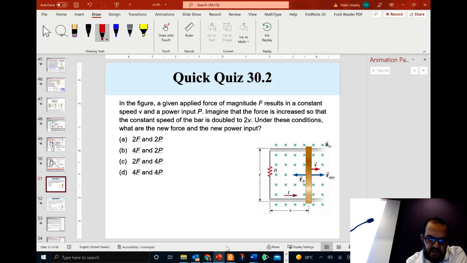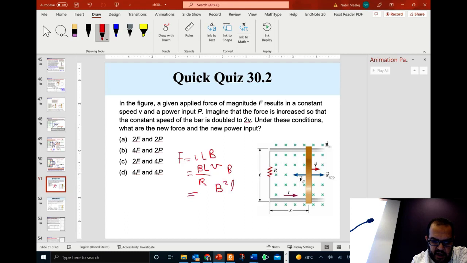So here, what did we have from the previous equation? We said F is equal to IL times B, and I is BLV over R. So this is BLV over R times B. So this is going to be B squared LV divided by R. So if we double V, we double the force.